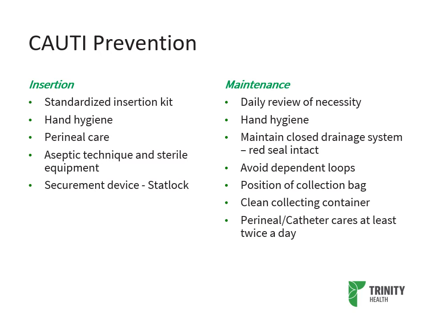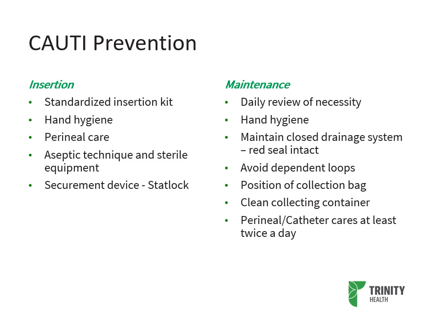If that red seal is missing, that means it was broken, and at some point the catheter became disconnected from the tubing, which I know in certain circumstances has to occur, but for the most part we should not be doing that. We should try to use a whole closed drainage system where that red seal is in place. That tells us that everything stayed in place and nothing was introduced at that point.